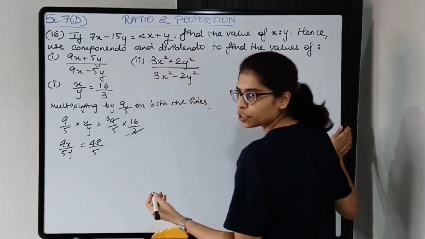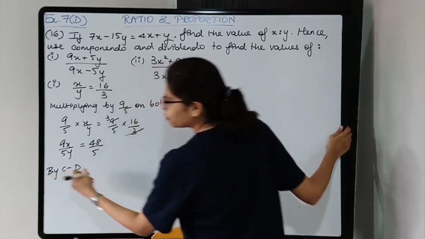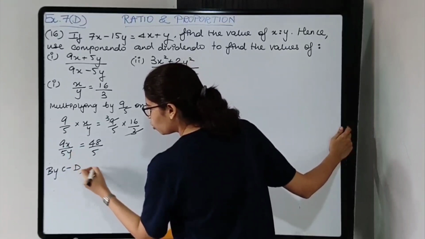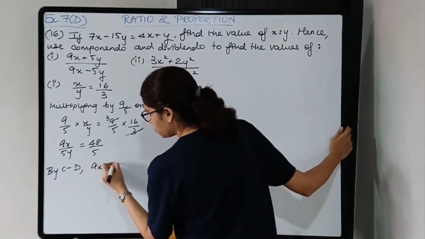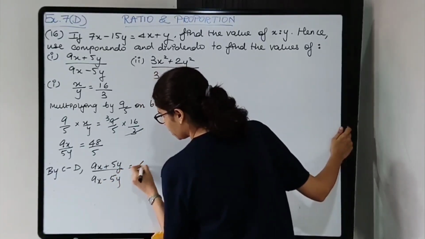Now applying componendo dividendo. So by componendo dividendo, I'm not writing the full thing, you have to write down the full reason. By componendo dividendo, numerator plus denominator upon numerator minus denominator. Same thing.